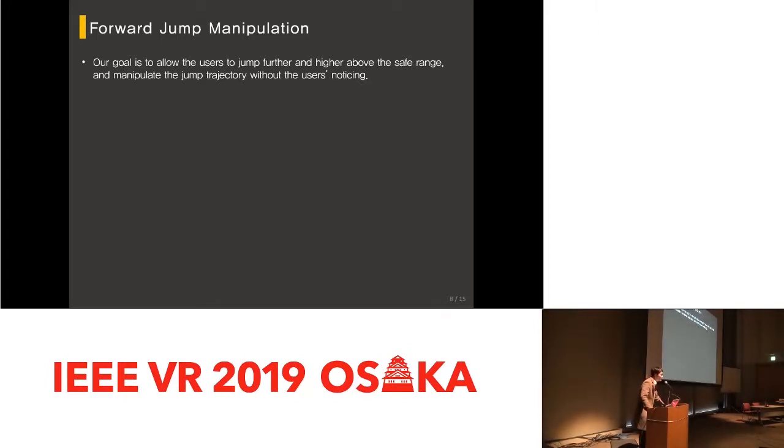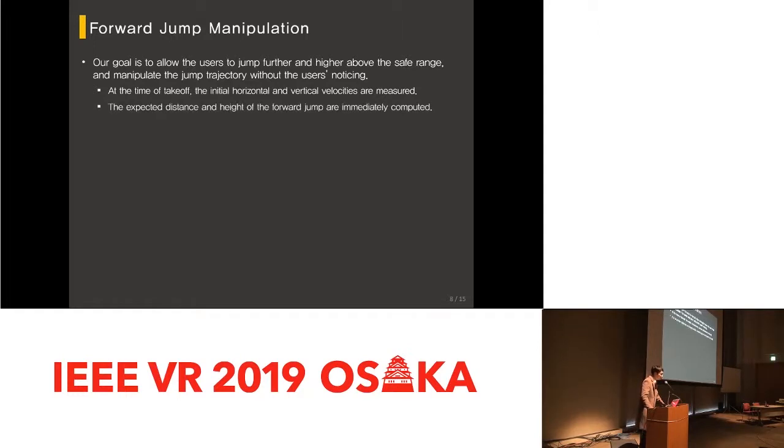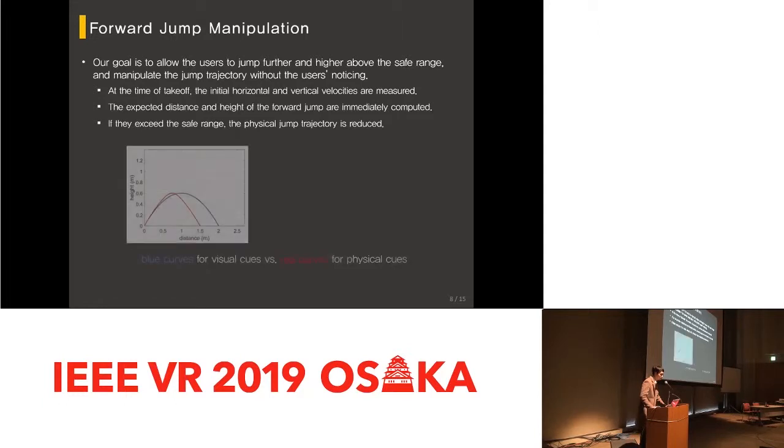Now, let's reduce the trajectory without users noticing. At the time of takeoff, the initial horizontal and vertical velocities are measured. Then, the expected distance and height of the forward jump are immediately computed. If they exceed the safe range, the physical jump trajectory is reduced. Let's see an example. Suppose the user jumps forward.